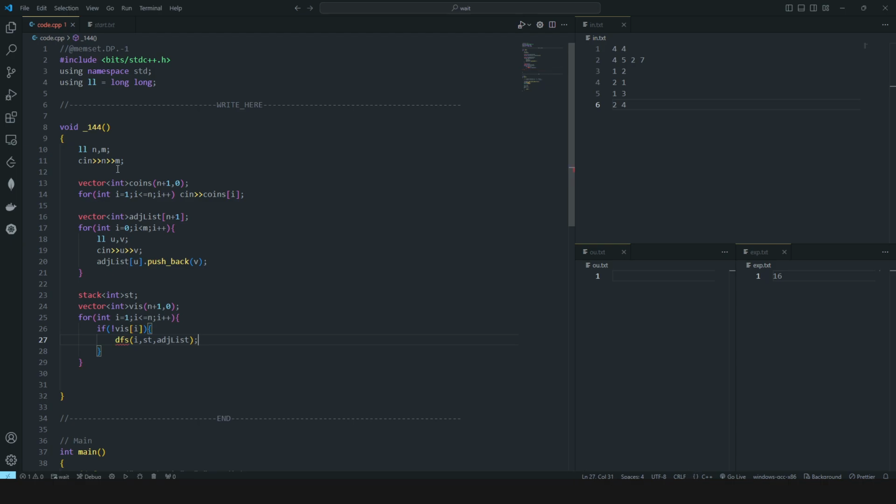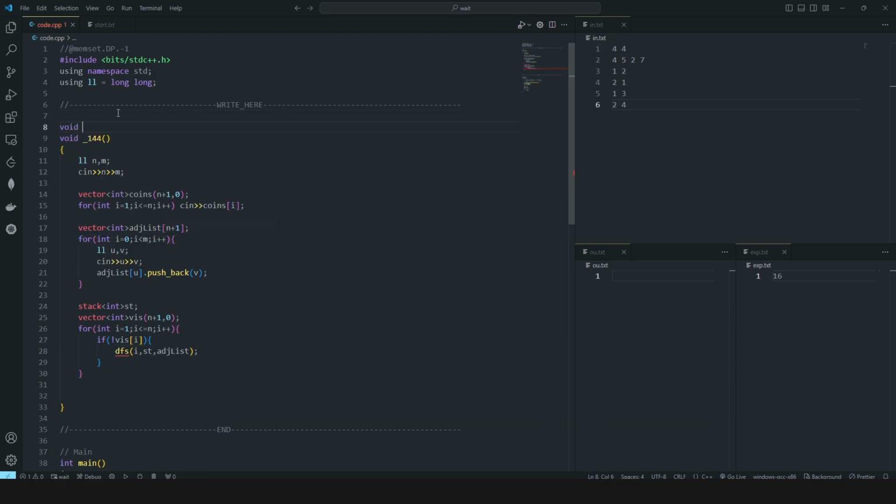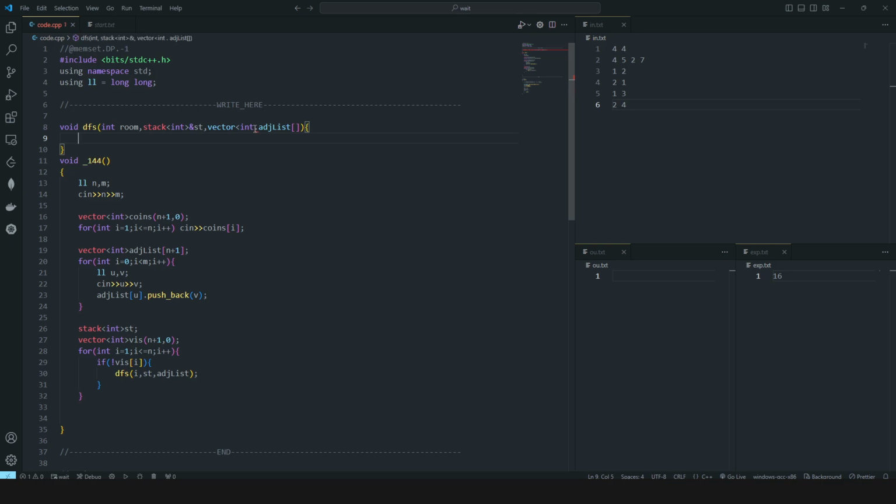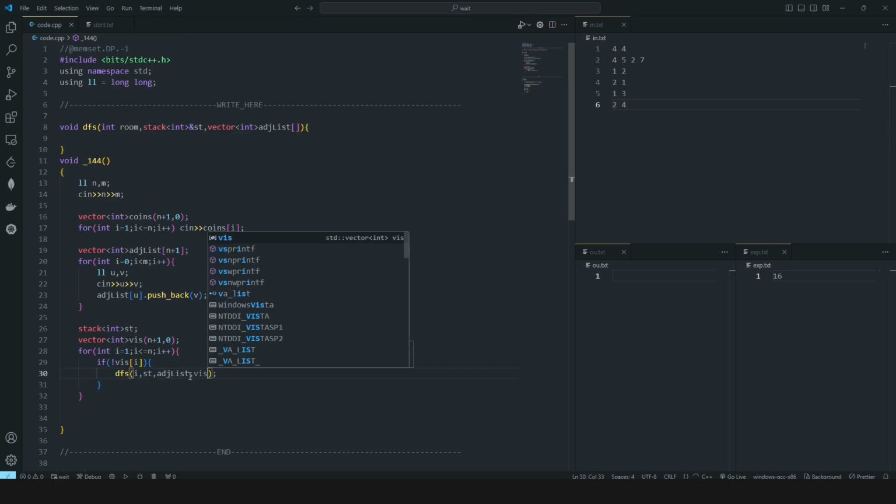After this is done, I think I should write the DFS function here. So what parameters I passed: the current node, or say room. So this is the room, and then I passed the stack, and don't forget to pass it by reference, otherwise copies will be made, and then the adjacency list, right? This will be a closing bracket and not a dot. And one more thing, I think I should have passed the visited array also here.